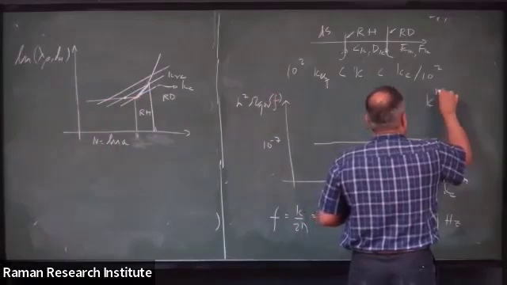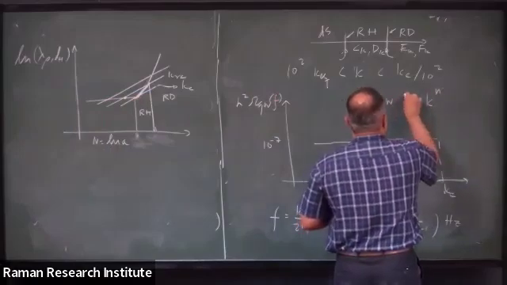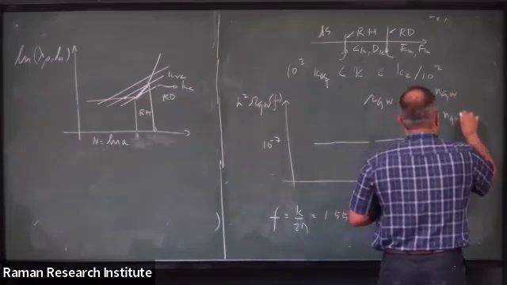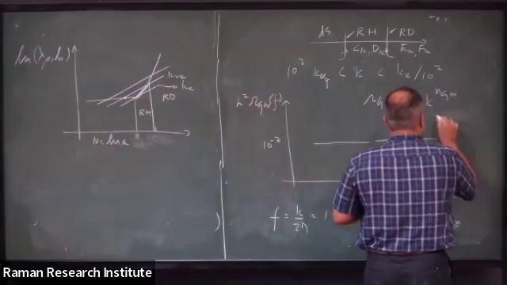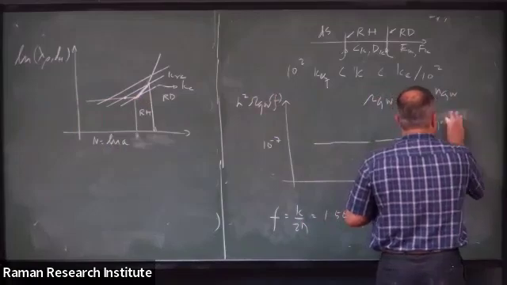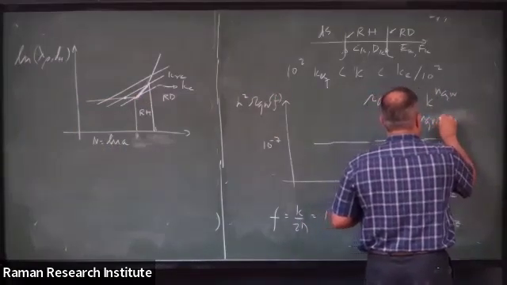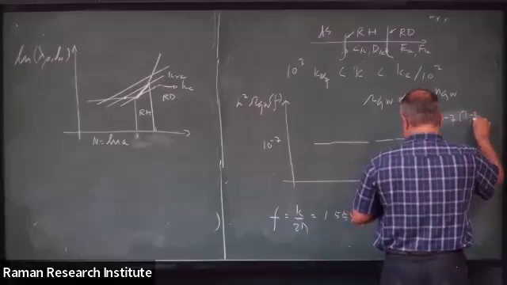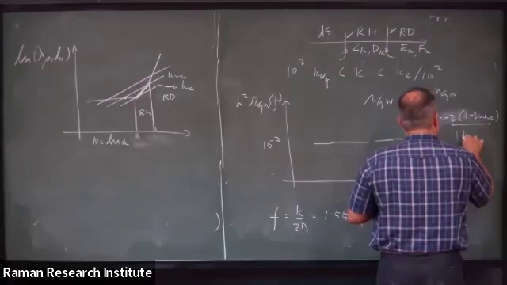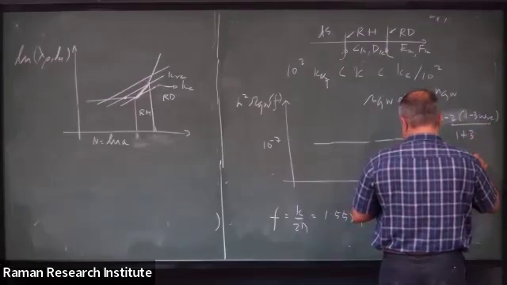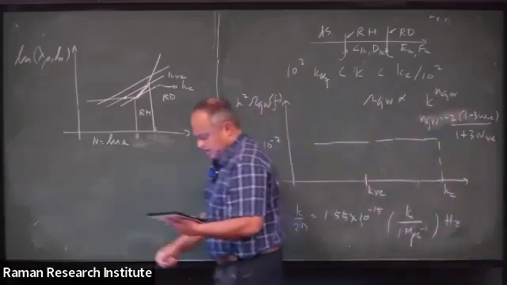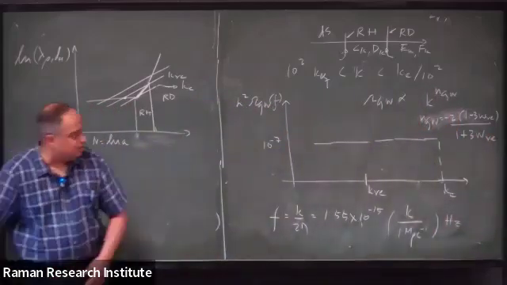Omega GW is proportional to k to the power n_GW, where n_GW is 2 into (3 w_RE minus 1) divided by (1 plus 3 w_RE). All right.